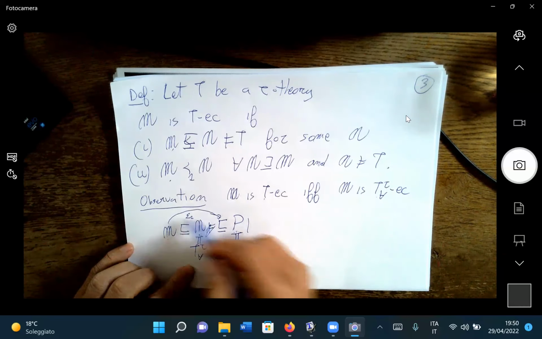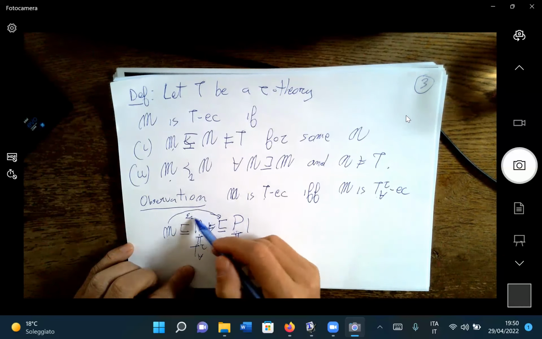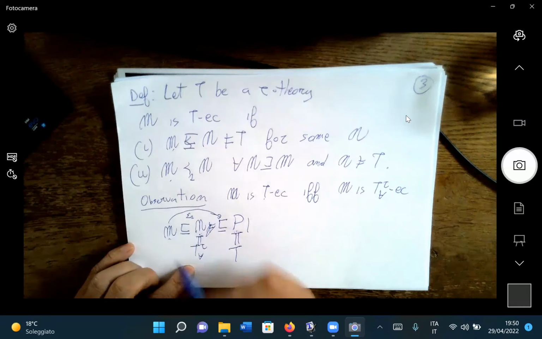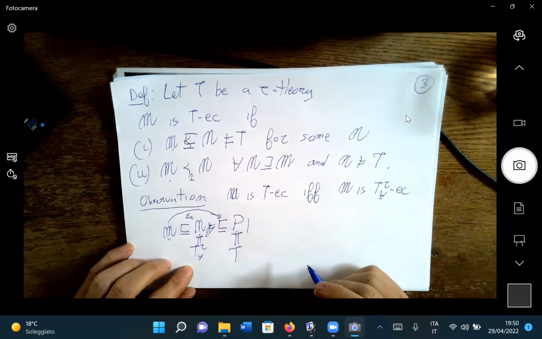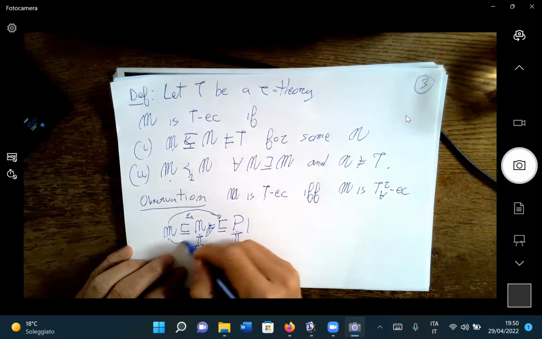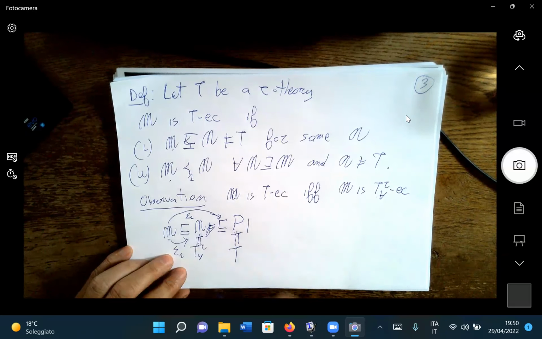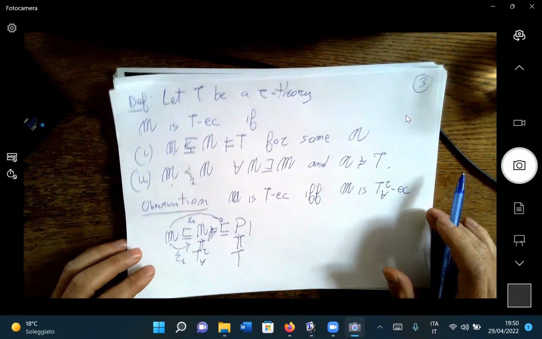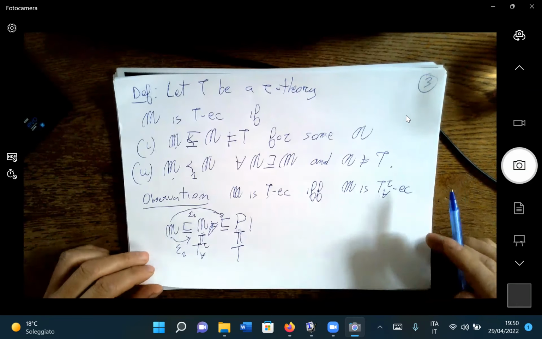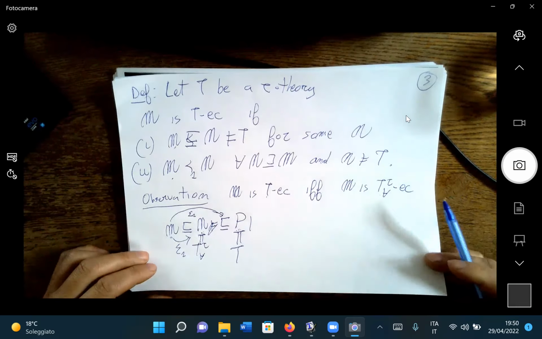And now you use the sigma 1 reflection to get that the witness can be found in M. Okay, and this gives sigma 1. So you see the notion of T existentially closed depends only on the universal fragment of T.